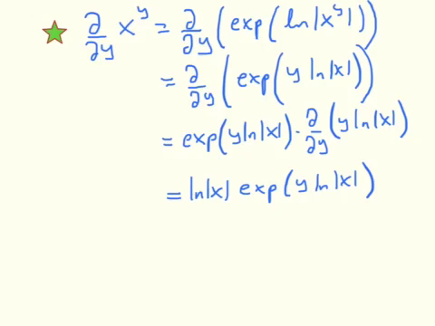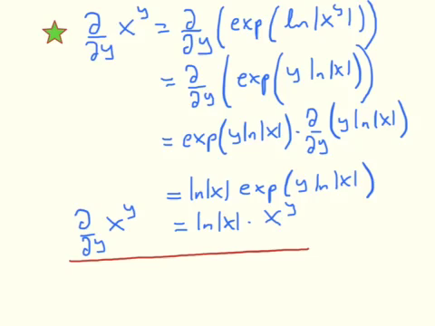Now, at this stage, we recognize that this is, just as we saw at the beginning, just a way of writing x to the power of y. So this is the logarithm of x times x to the power of y. So we conclude that the derivative with respect to y of x to the y is going to be the logarithm of x times x to the y. And with that, we've concluded this exercise.